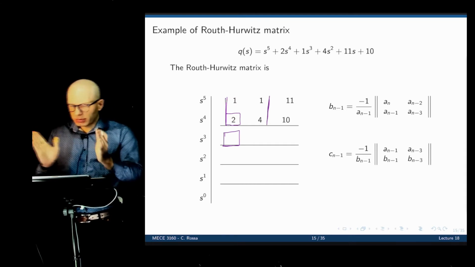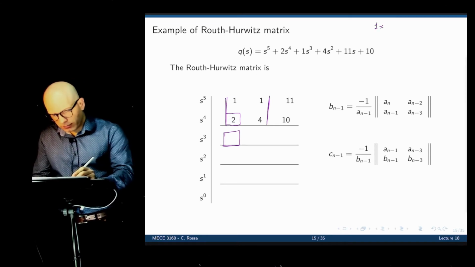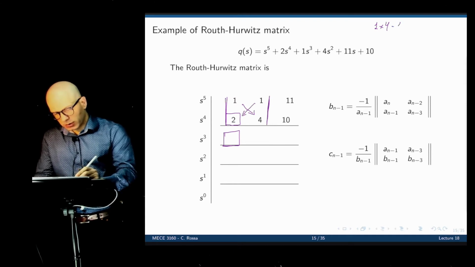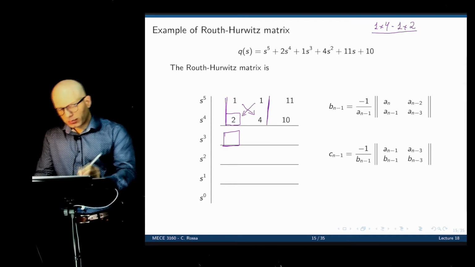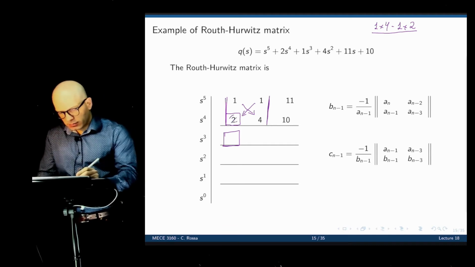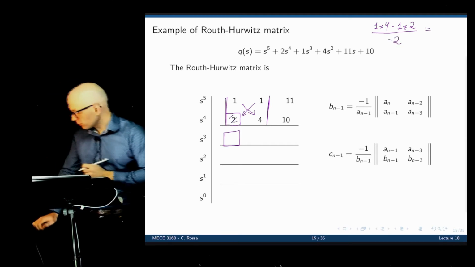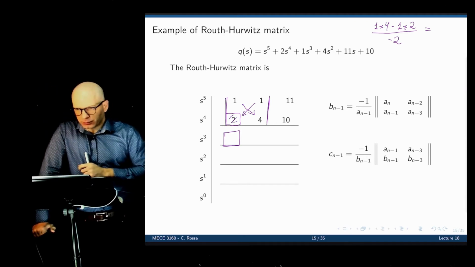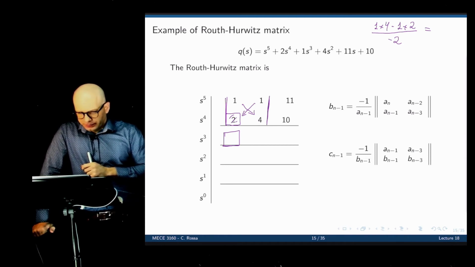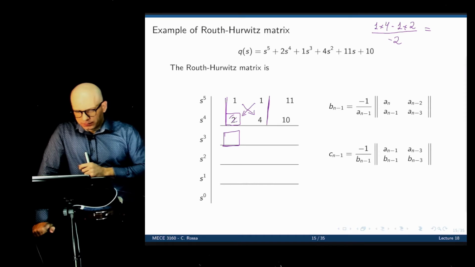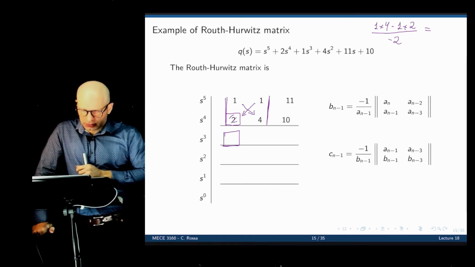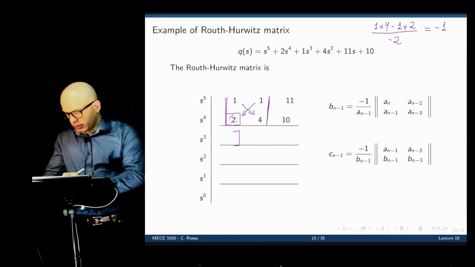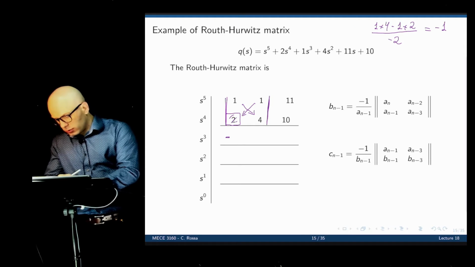It's going to be the determinant of that, which is 1 times 4 minus 1 times 2, divided by the negative of this. And this is equal to -1. 4 minus 2 is 2, divided by -2 is -1. So this element here is -1.